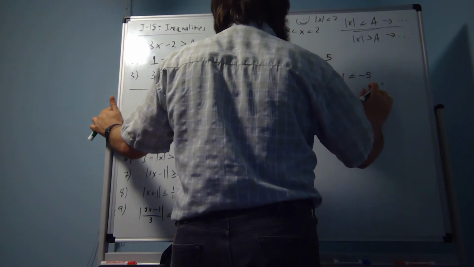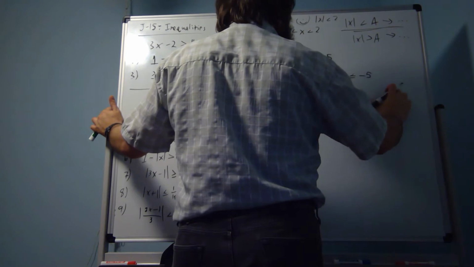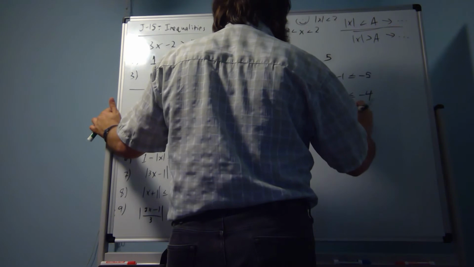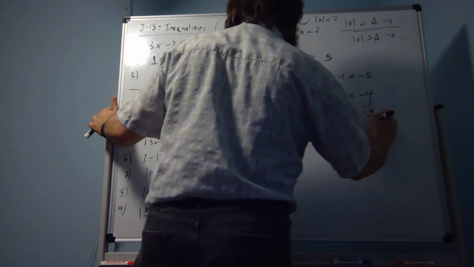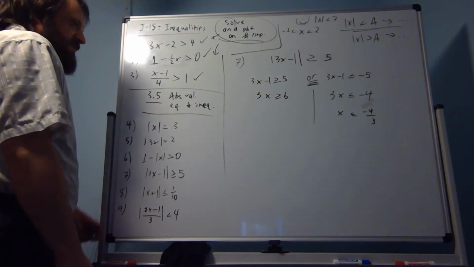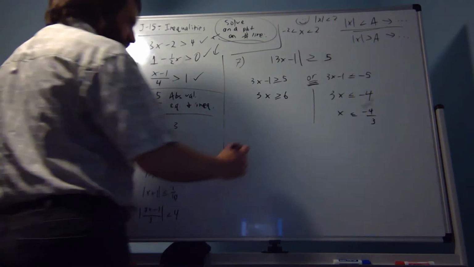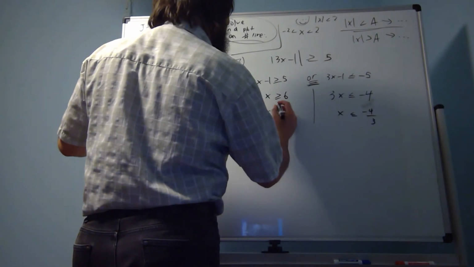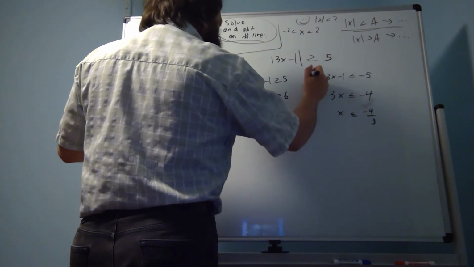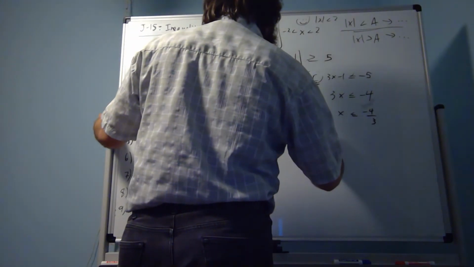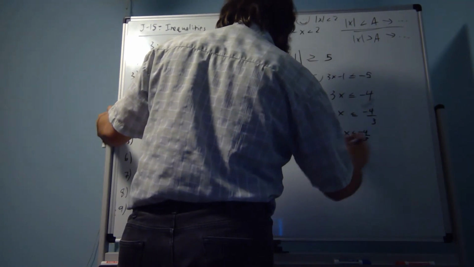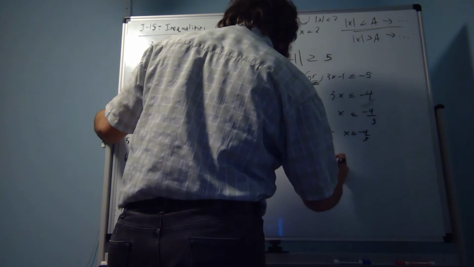So we add 1 to both sides, and we get -4 for this one. Divide by 3. It's positive, so stop and think, okay, I'm dividing by a positive number, so the inequality stays the same. Divide by 3, x is less than or equal to -4/3, and x is bigger than or equal to 2.